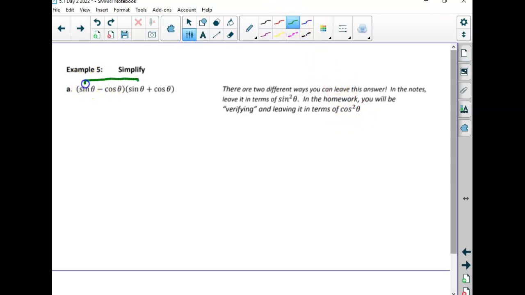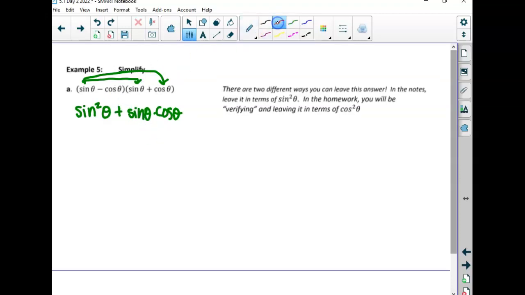So sine times sine becomes what, guys? Sine squared. And then if we do sine times cosine, that's positive. So we have a positive sine times cosine. And everybody gets that that's the same as a cosine times sine, right? It's like an AB, BA, same thing, right?